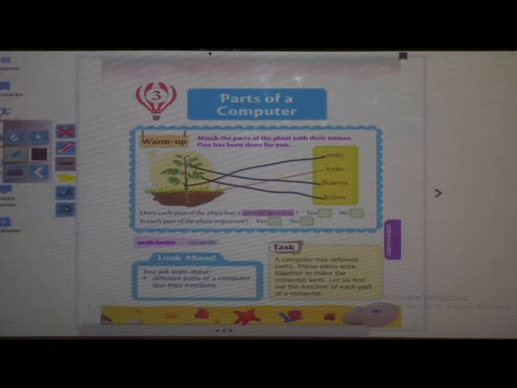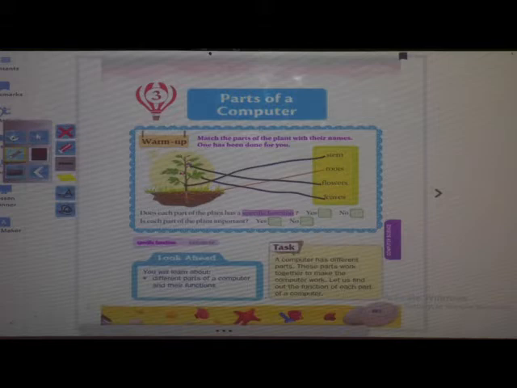Okay, done everybody? So students, tell me why we have joined like this? Because each part has its own, different name. So we have joined. But do you think each part of this plant has a specific function? Yes, it has its own specific function.